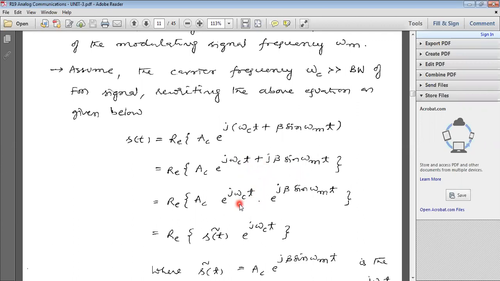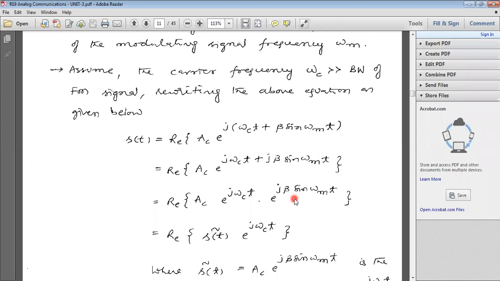Therefore you can split into two terms, that is e power j omega ct into e power j beta sin omega mt. Ac into e power j omega ct into e power j beta sin omega mt.